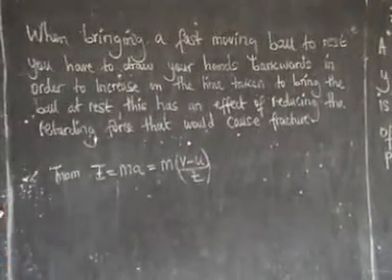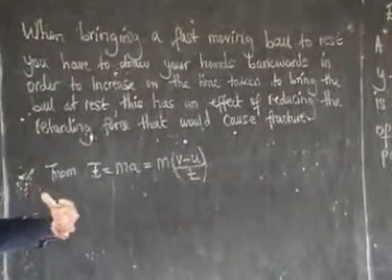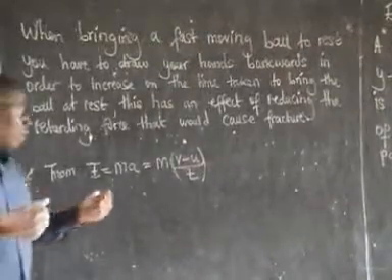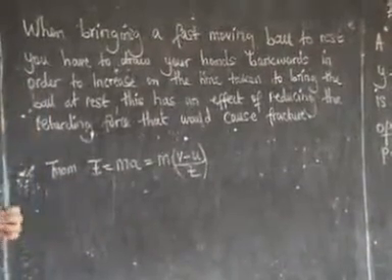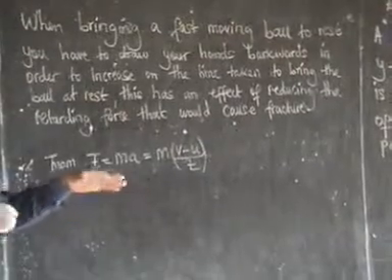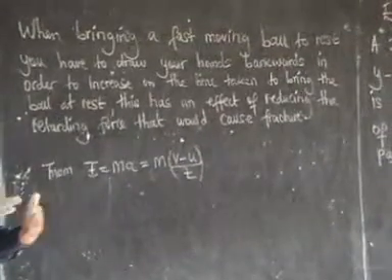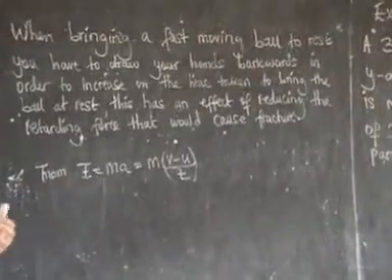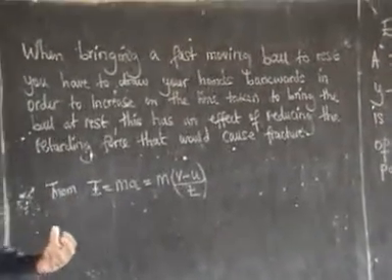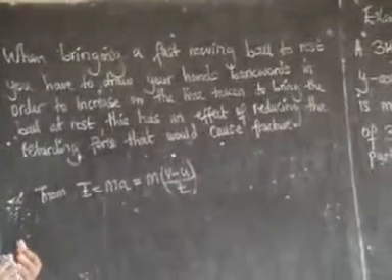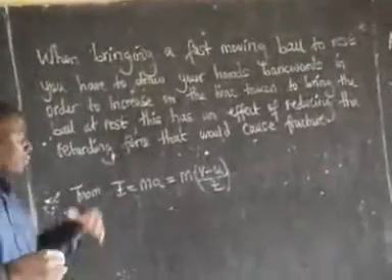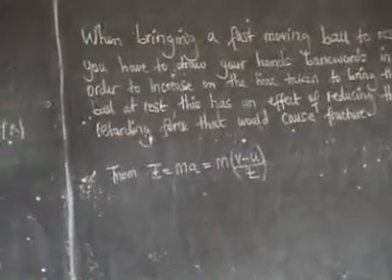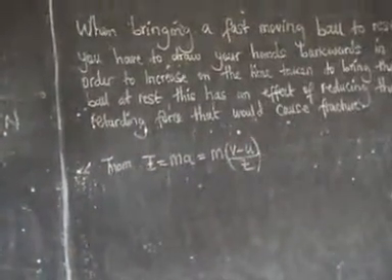It increases the time taken by the driver to come into contact with the steering wheel. That increase in time greatly reduces the force applied on the chest, and therefore the occupant may survive in case of an accident.